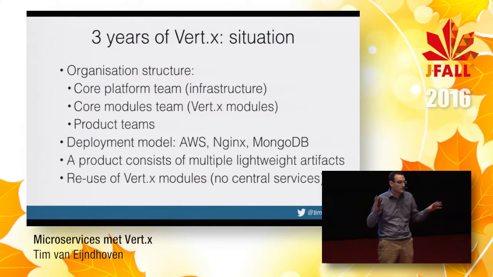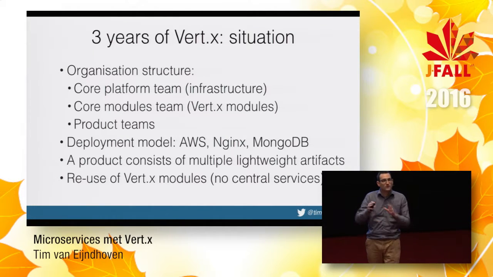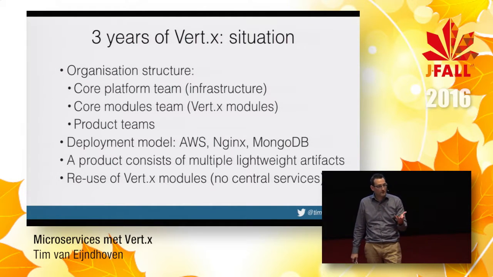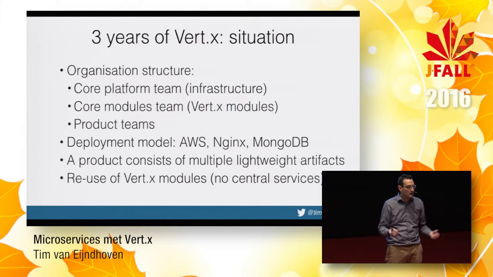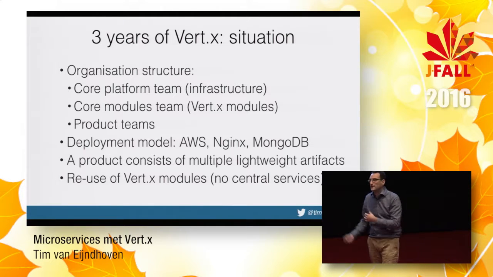We built it using a core team, which builds a layer on top of Vert.x to give us a framework to work with for all the educational applications that we built. And we actually require this because Vert.x is the toolkit, right? It's unopinionated, so we needed this layer in between to have architectural constraints for all our applications to fit in.